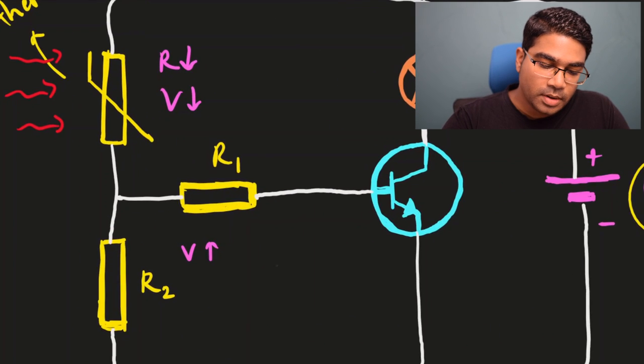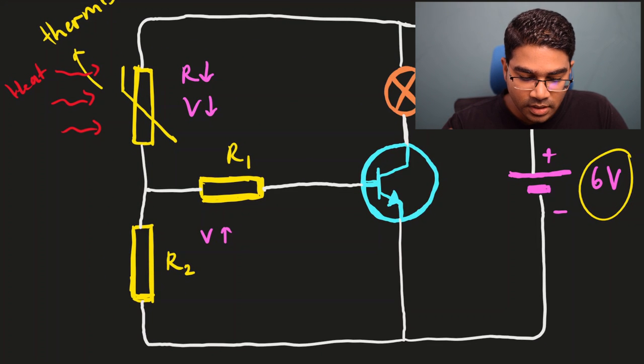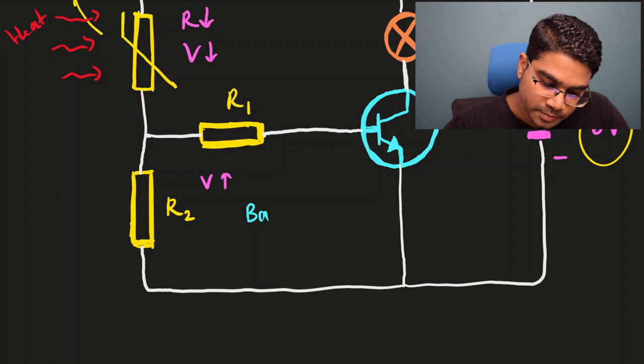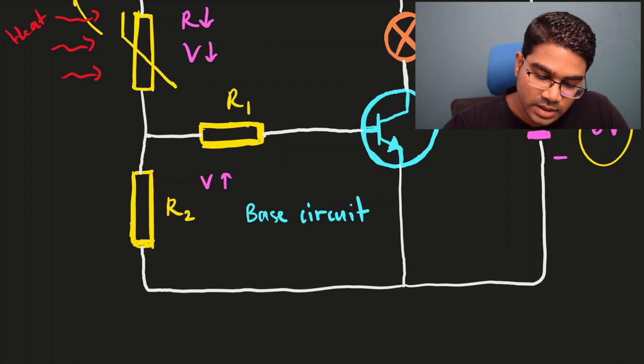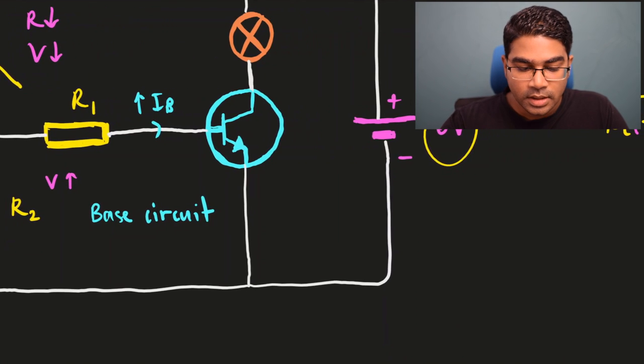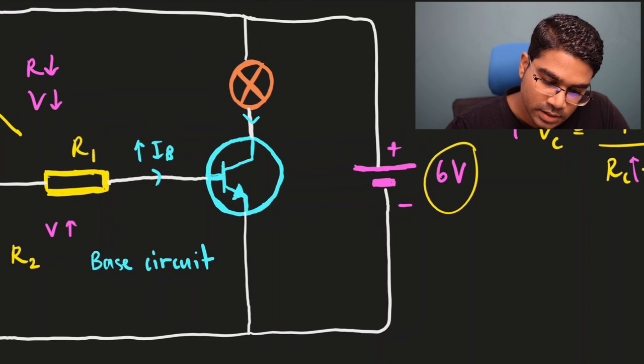So when V1 drops, by comparison, V2 is going to increase. So when the potential difference here increases, remember this is our base circuit. When the potential difference across R2 increases, the base current, IB, is going to increase significantly, and this is also going to increase the collector current, IC.